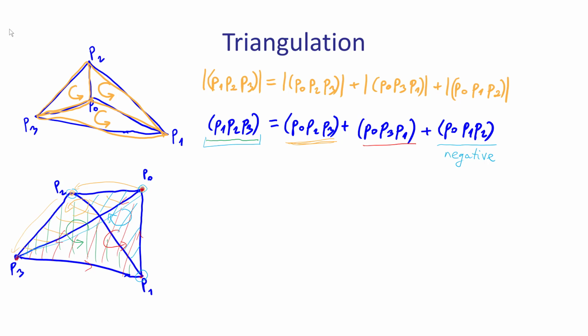So if I add that triangle plus that triangle and subtract that triangle, the area will be of the original triangle, which is here. And this is exactly what I wanted to prove.